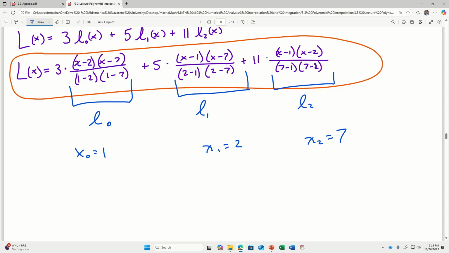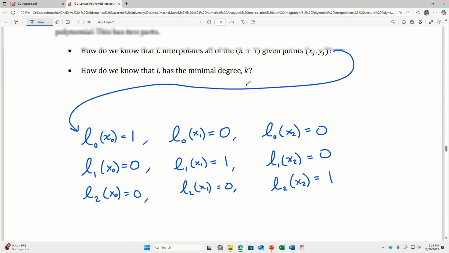Then in the numerator I have 7 minus 7, which makes it 0. And you can double check that for the other basis polynomials. The reason we construct the basis polynomials in this particular way is so that the basis polynomial will be equal to 1 when you reach the x value corresponding to that node, and if you reach the other nodes, you get a 0.